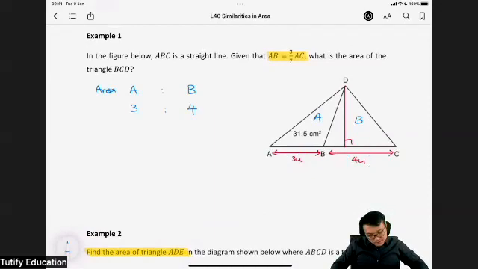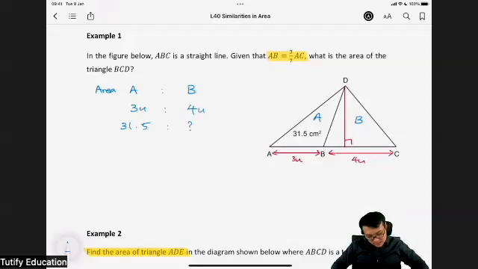So right now you already know the area of A is 31.5. They are asking you to find the area of triangle B. Correct?